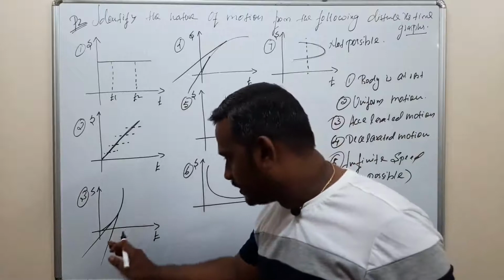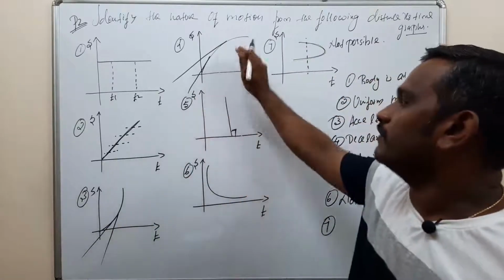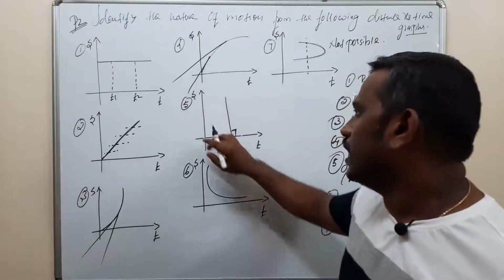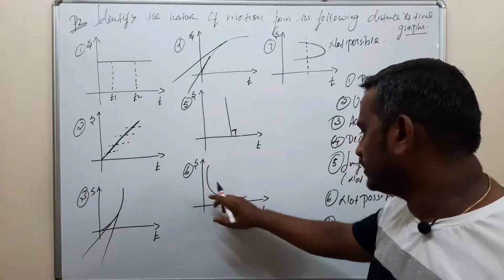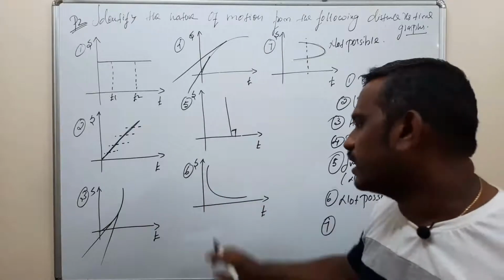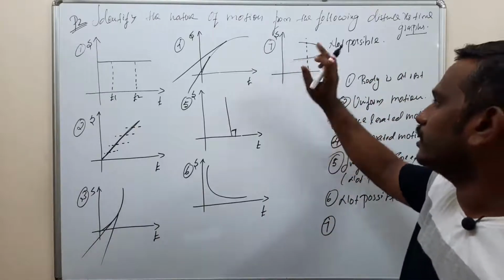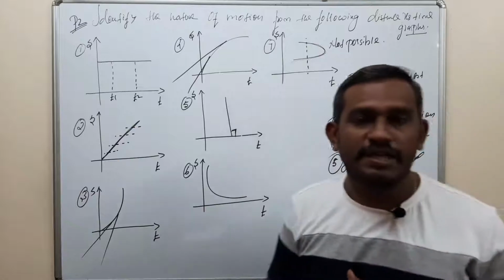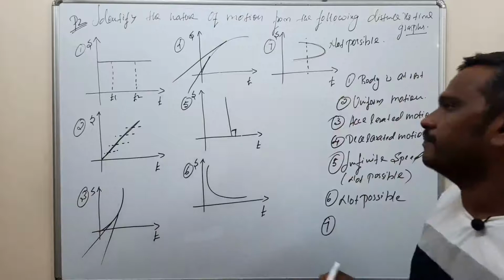The third is accelerated motion. The fourth is decelerated motion. Fifth is infinite speed, not possible. Sixth, as the time increases, distance covered by the body decreases, also not possible. And the seventh, at a particular instant of time the graph shows the body covers two distances, that is also not possible.